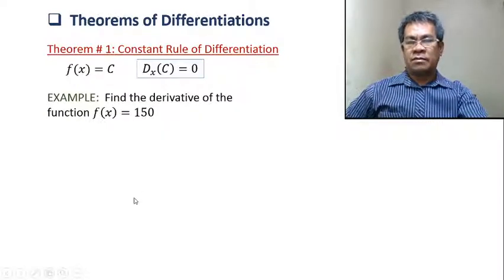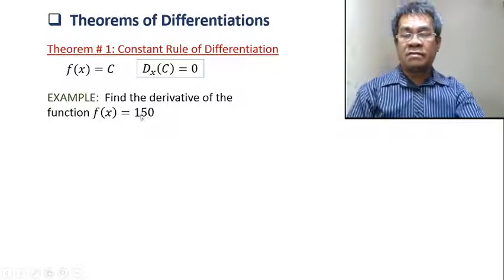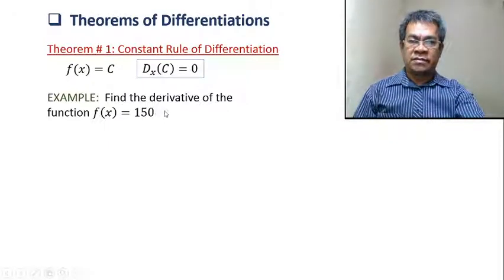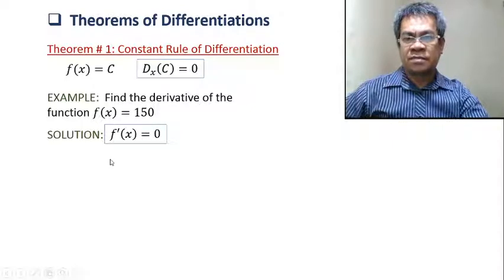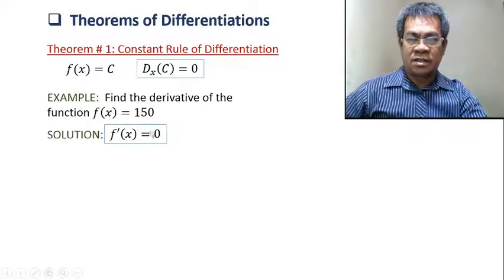For example, suppose we are asked to find the derivative of the function 150. Since there's no variable x here, we can treat this as a constant function. So the derivative of that is actually 0. Very easy.